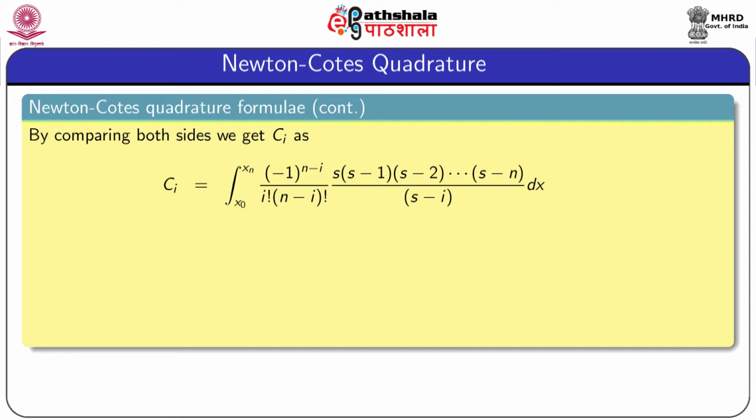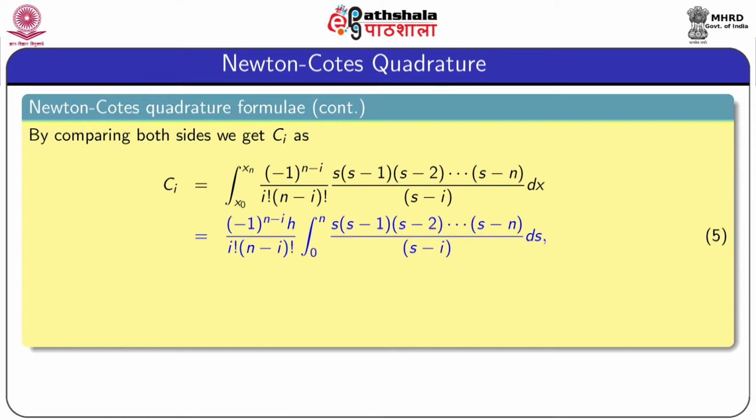By comparing both sides, we get ci equal to the integral from x0 to xn of minus 1 to the power n minus i by factorial n minus i into a polynomial of degree n, which is s into s minus 1 into s minus 2 up to s minus n by s minus i, dx. Now we replace the variable x by s, that means dx is equal to h ds, and the upper and lower limits of the integration are changed to 0 to n.